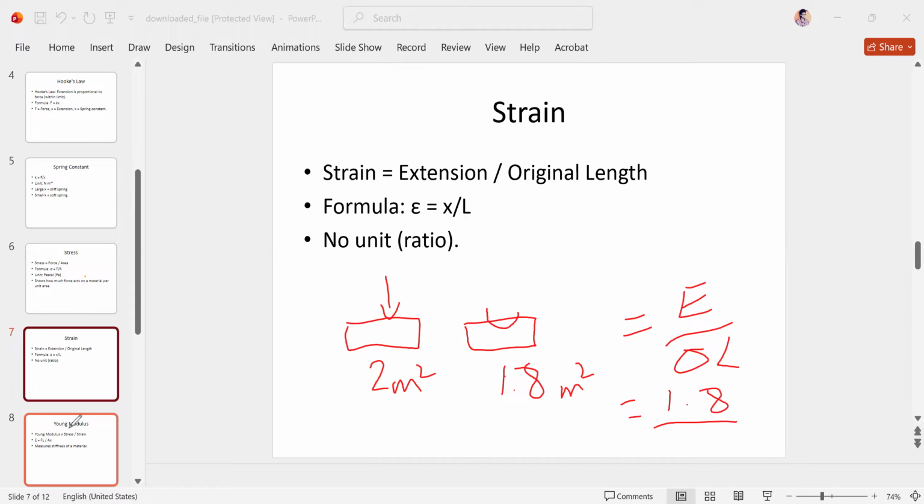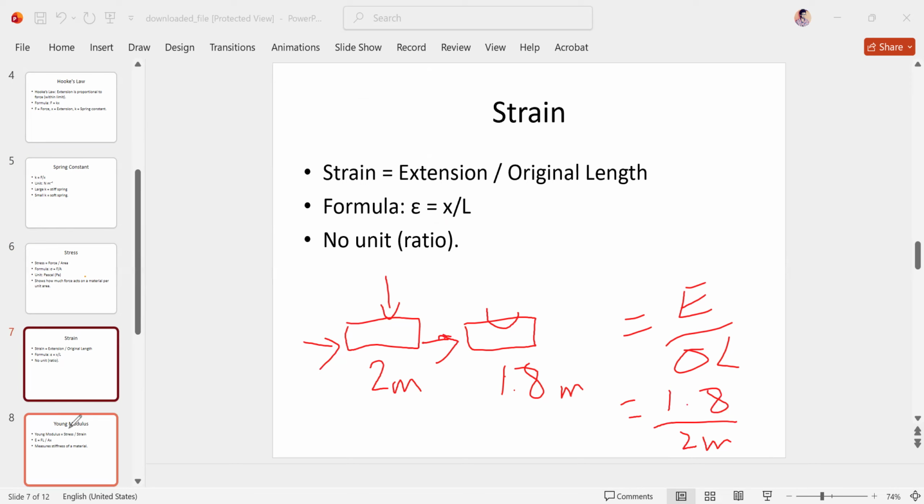Sorry, it's not area, we apply it to the length. We apply a force at a side, and its length will be changed.